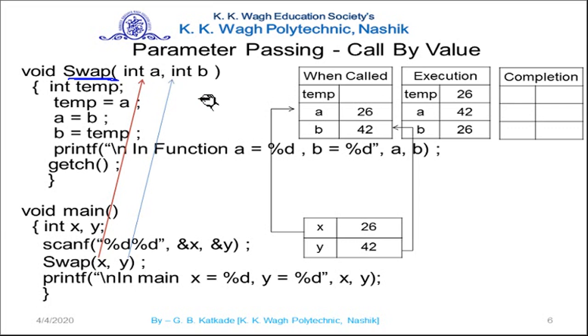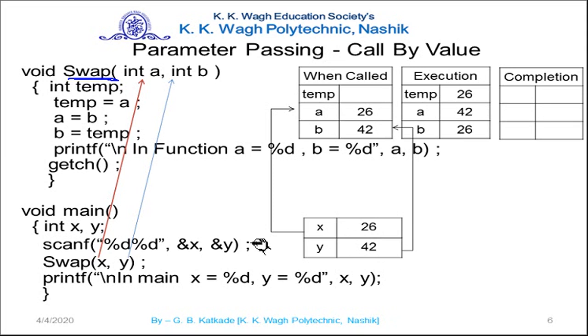As we call the swap function in main, when main is executing, the variables x and y are created in memory, and let us say 26 and 42 are the example values given to x and y.